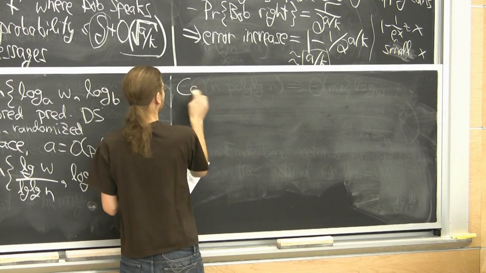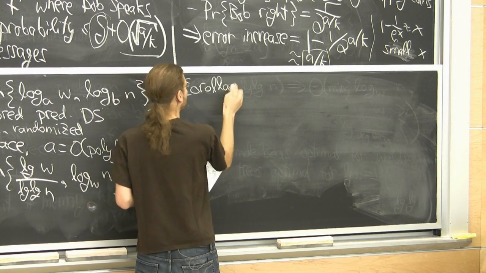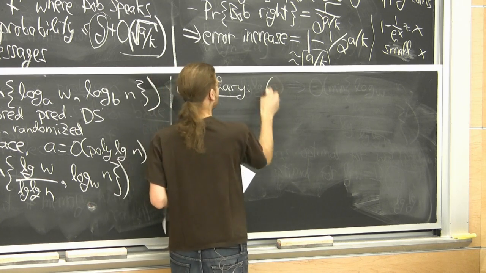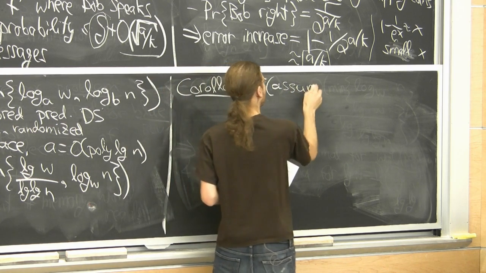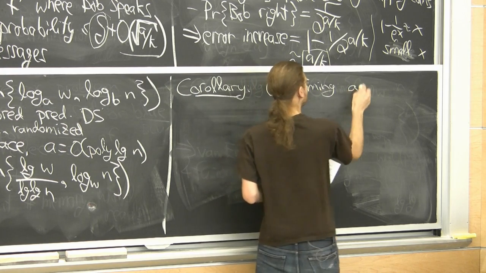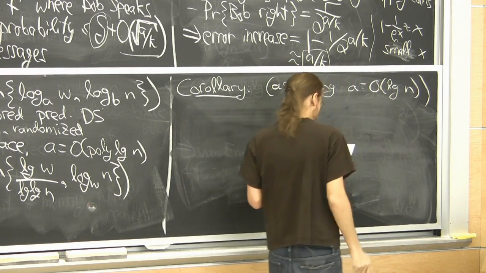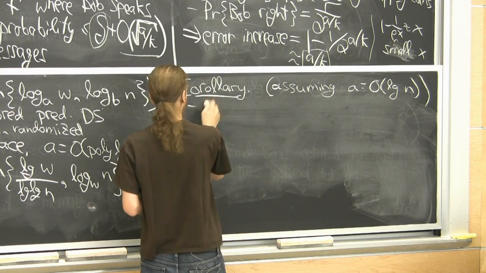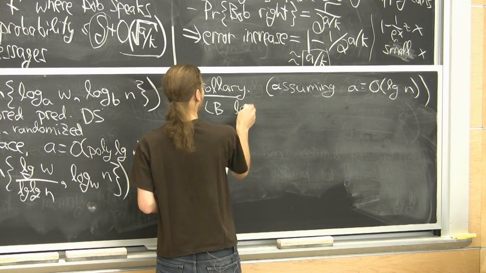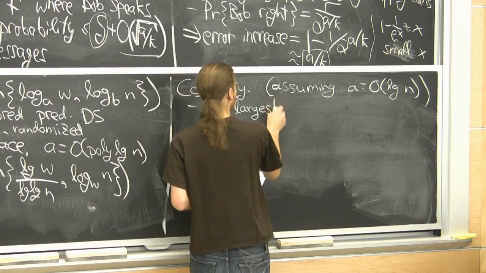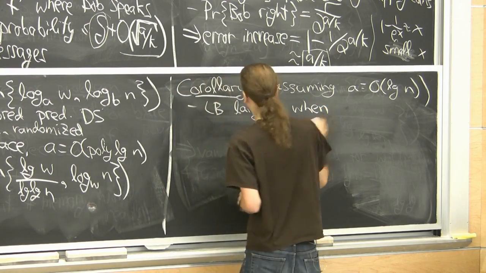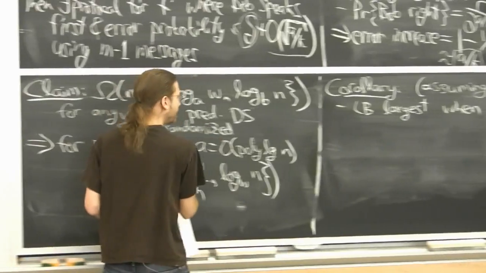So again, let's assume that A is order log n with polynomial space. Then the lower bound will be largest when the two terms in the min are equal.